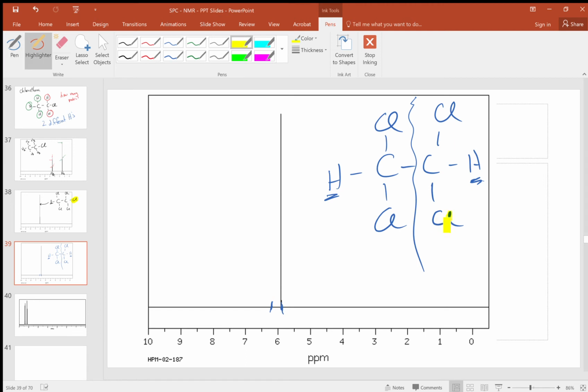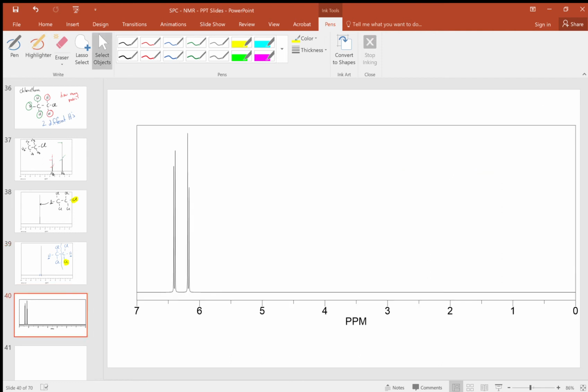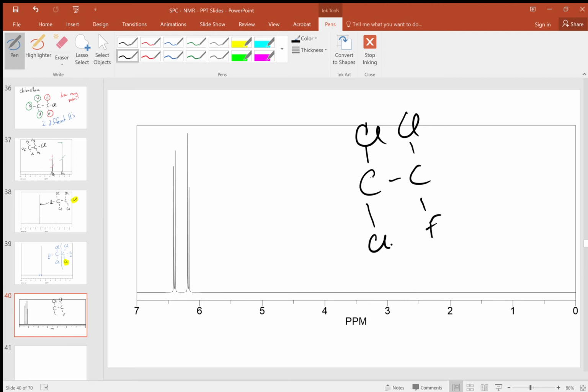Now I'm going to replace a second one of these chlorines. I'm going to replace it with a fluorine. And let's see what happens. I'm going to label them as HA and HB.